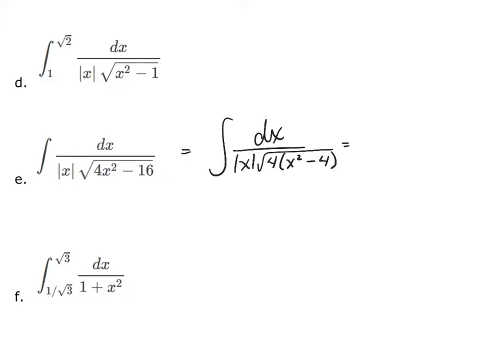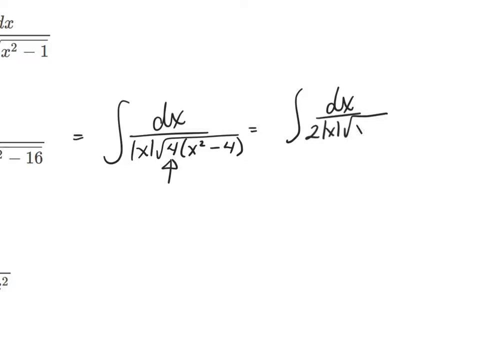And then because each one of those has that 4 that will factor out, I can take the square root of 4. So I get the integral of dx over 2. So 2 comes out because of this. Square root of 4 is 2. The absolute value of x, the square root of x squared minus 4.